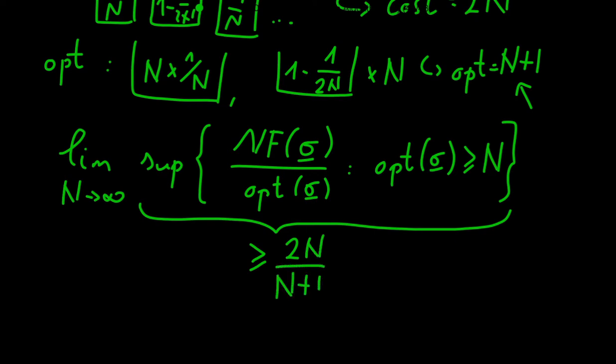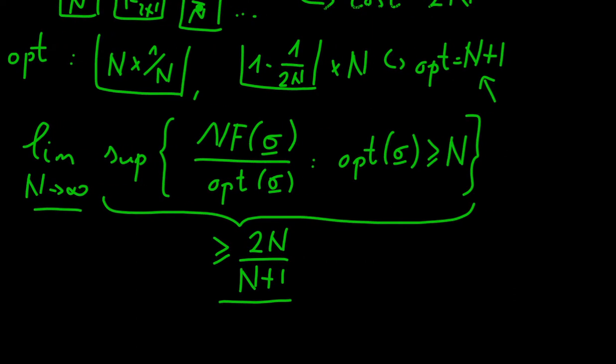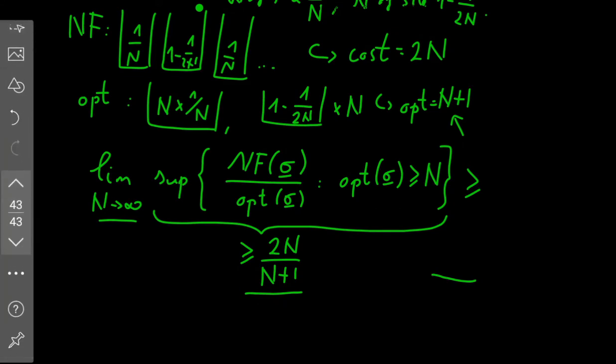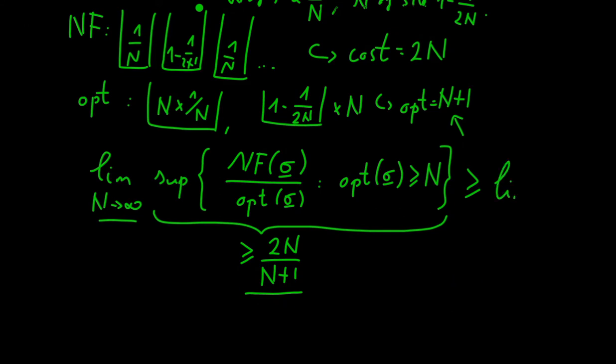It might happen that there is an even worse input for these n's, but it doesn't really matter, because it means that the limit of a sequence in which each element is at least 2n divided by n plus 1 is at least as large as the limit with n tending towards infinity of 2n divided by n plus 1, which is actually 2, right?